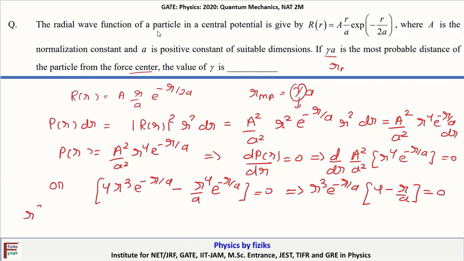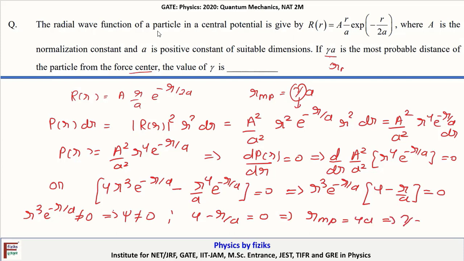Now r cube e to the power minus r by a cannot be equal to 0 as it makes the wave function 0, but it is otherwise non-zero. So 4 minus r by a is equal to 0 implies most probable distance is 4a. So the value of gamma is 4.